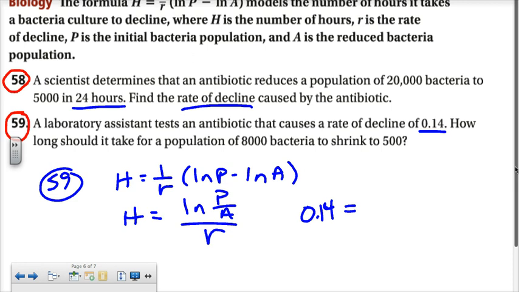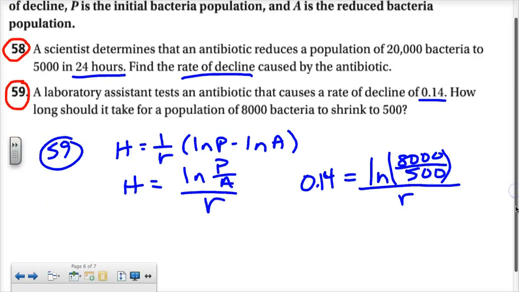And then it said it started at 8,000 and it shrunk to 500. So we're going to need the natural log of all of that, and we need that over r. And again, you could just cross multiply at this point. Slap a 1 under there, 0.14 times r equals the natural log of, and then you could figure out, hey, wait a minute, 8,000 divided by 500, that's 16.